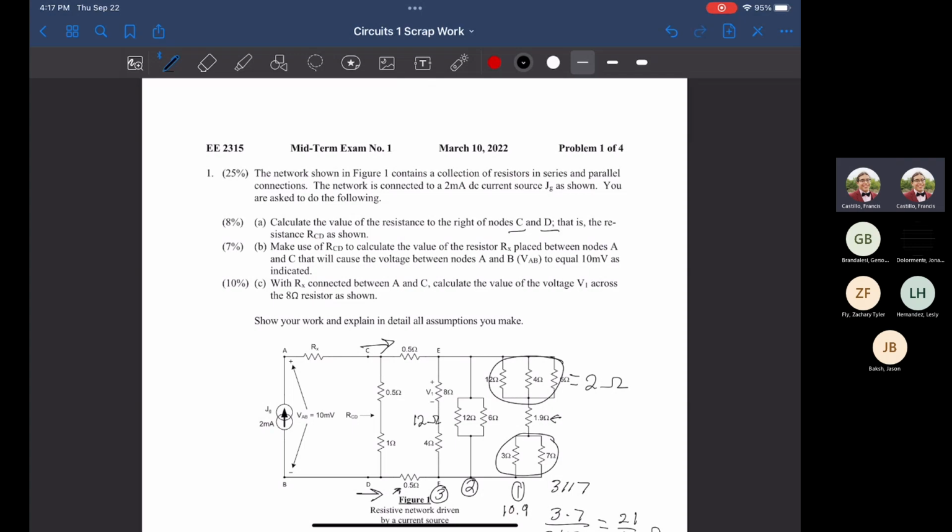Now we're going to use that value to find the value of Rx, which is in this top left corner right here. We know the equivalent voltage between nodes A and B is going to be 10 millivolts.